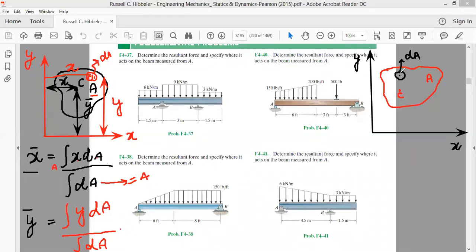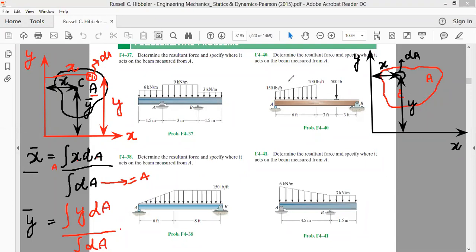Assume that the center of the small area dA has some coordinates with respect to the x and y axis, and say its x coordinate is x, and the y coordinate of the center of this small area dA is, for example, y.